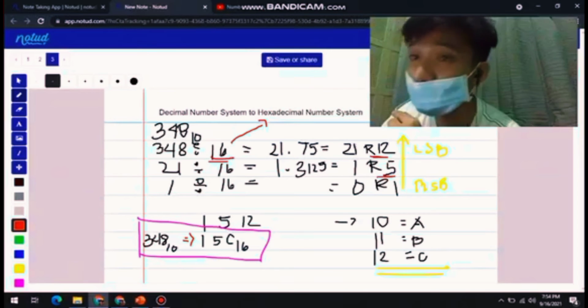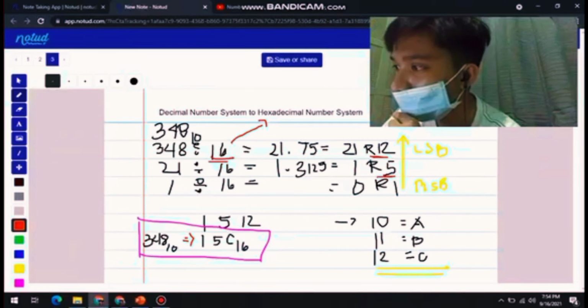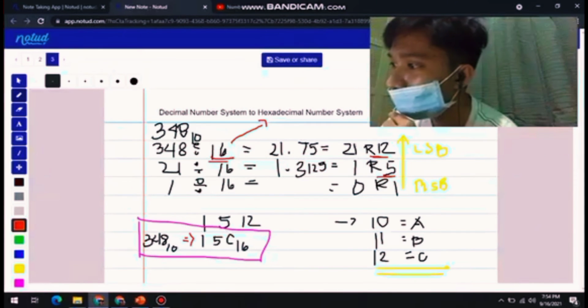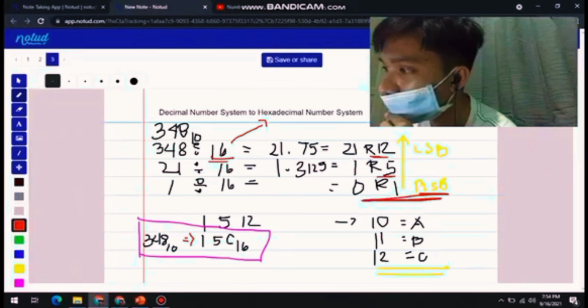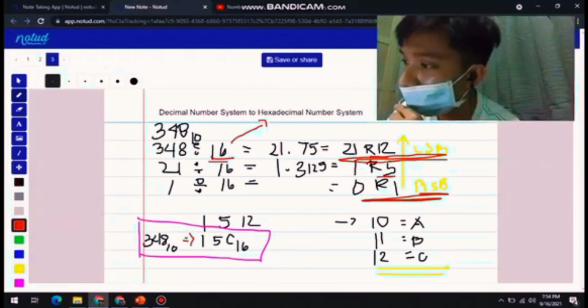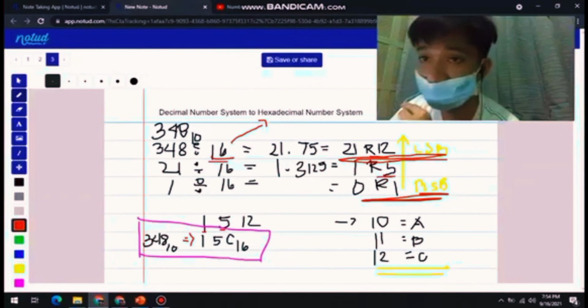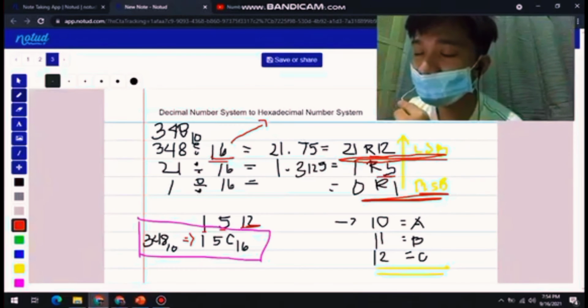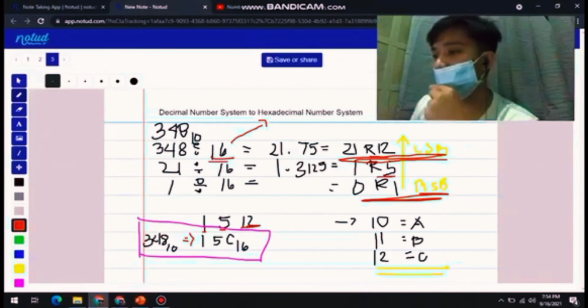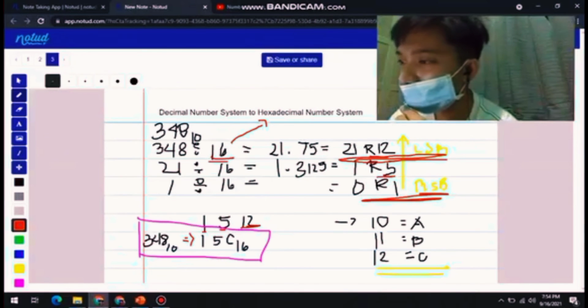And let's read this upwards like what I've said earlier. This is the most significant bit and this is the least significant bit. So let's read this: 1, 5, 12. Because 12 is more than 9, we can't use this number.